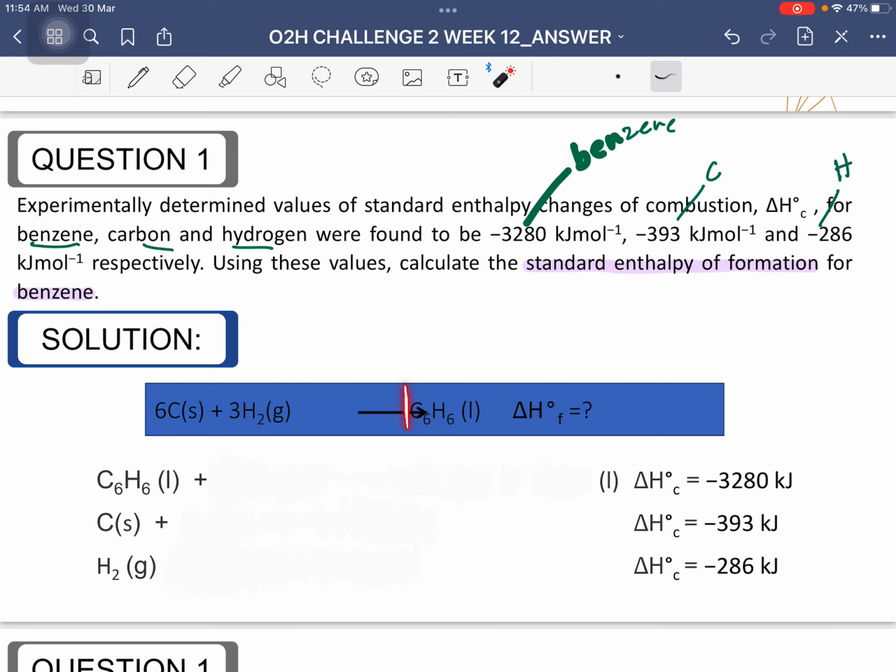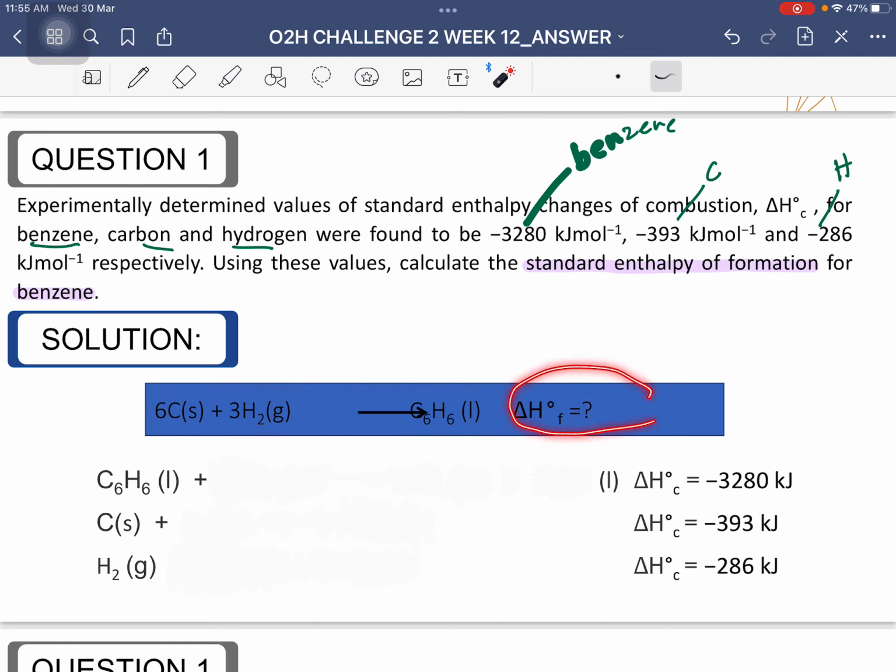We must make sure 1 mole of compound forms on the right side, so we need to balance. To produce 1 benzene, we need 6 moles of carbon and 3 moles of hydrogen gas. So, this is the thermochemical equation for the enthalpy of formation of benzene.